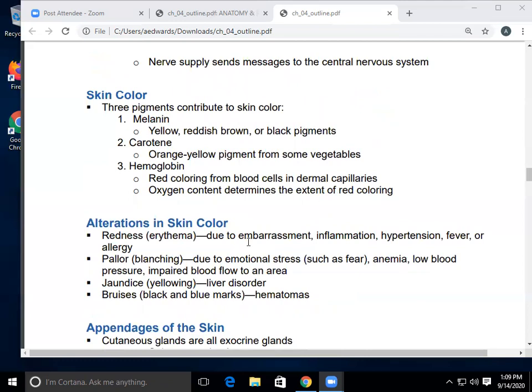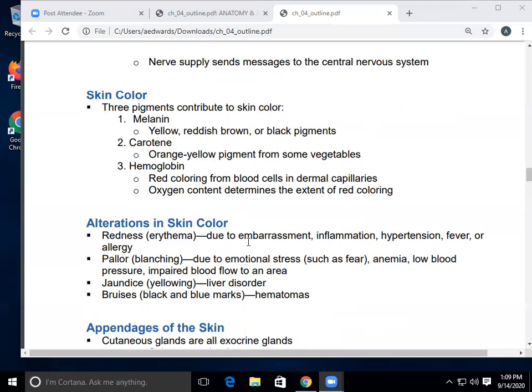All right, again, pigments. So we talked about melanin already. We have some others. We also have carotene. It's an orange yellow pigment, associated with certain vegetables, like your carrots. You also have another pigment.